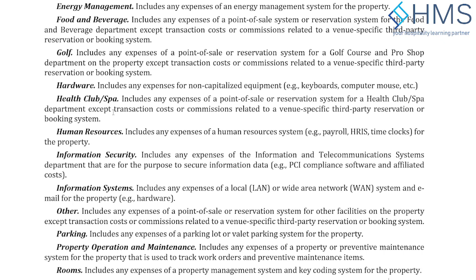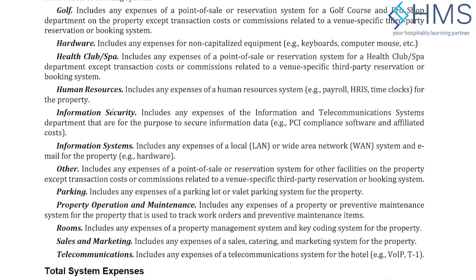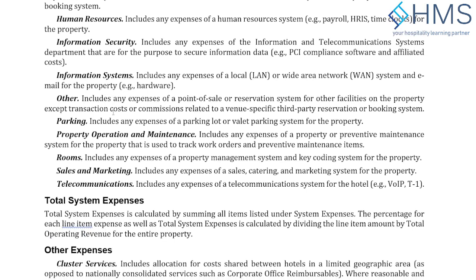Then you have the human resource department, which is using the HRIS, payroll, time clock system, information security for PCI compliance, information systems. So security is only the PCI compliance and affiliated costs. Information systems is the local area network or wide area network or email property. If you are paying any subscription for the emails, then the cost will go here.